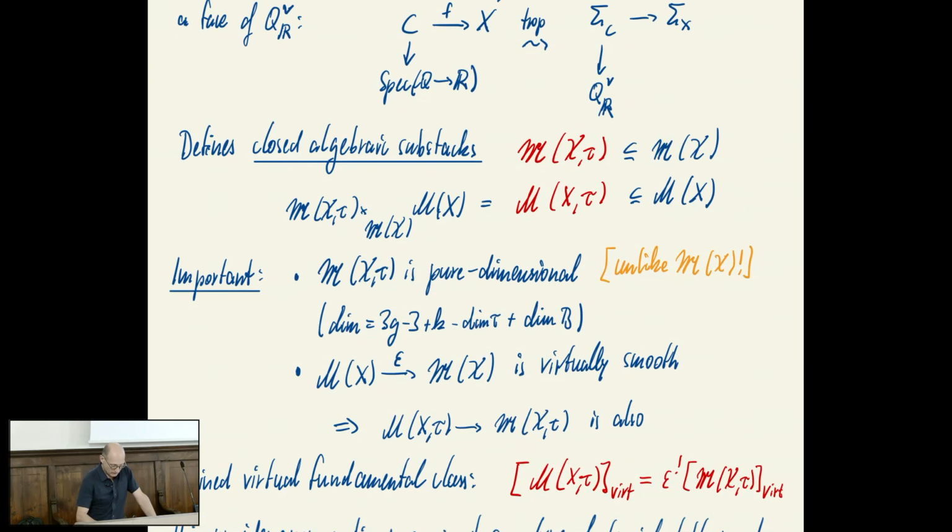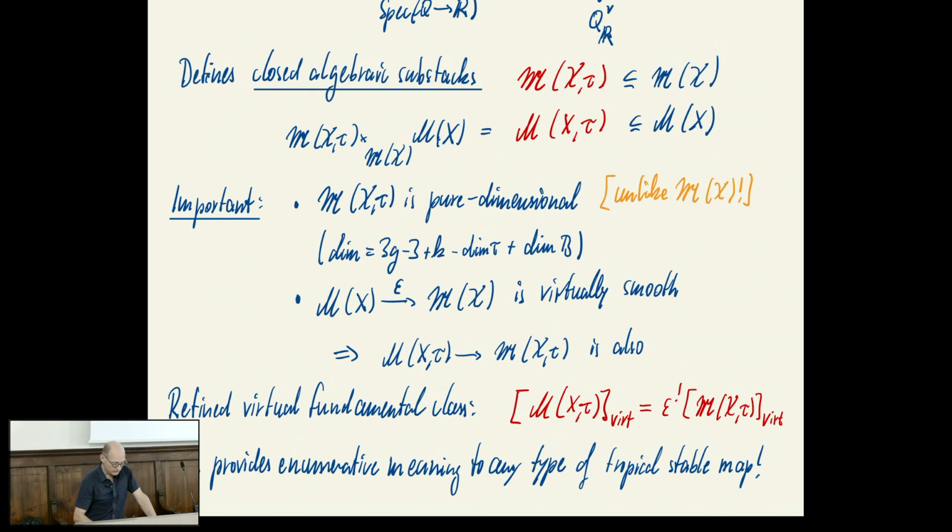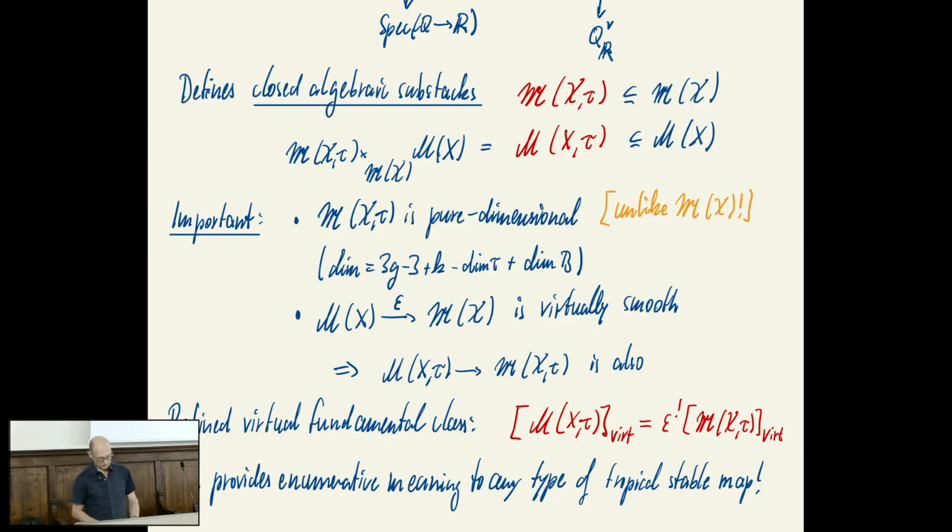Okay. And then it's important to see that these strata are pure dimensional. Otherwise, I couldn't define a virtual fundamental class here. Be careful. This M of X, of course, may not be pure dimensional. There are various components and so on. But you can write down the dimension. And you see here this inclusion reversing, there's a minus dimension tau.